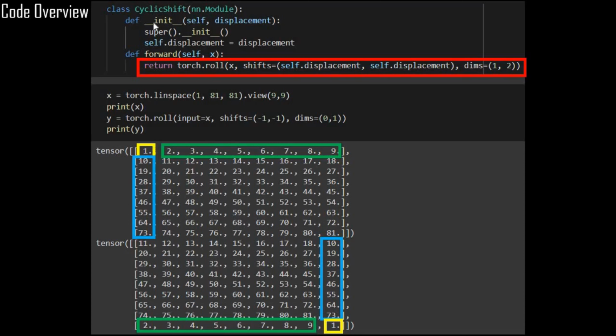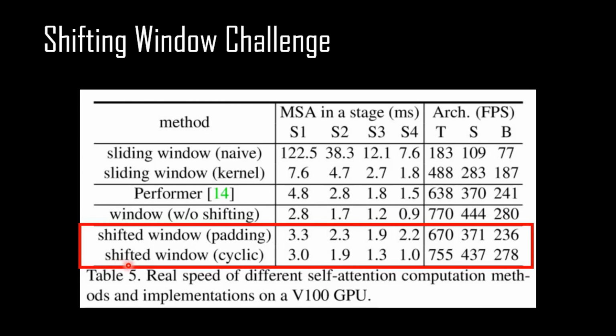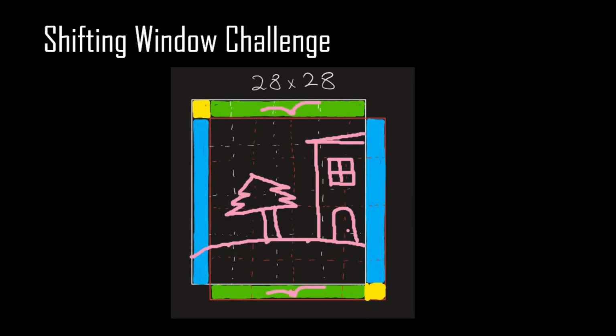Then we show that in our code, we can use torch.roll, and if we do that, we can actually do the exact thing that we want. Okay? In the paper, they showed that if we use this cyclic shift, compared to the naive padding where we are just adding zeros, we are going to have a better speed for different stages, and for different architectures it is going to be faster.